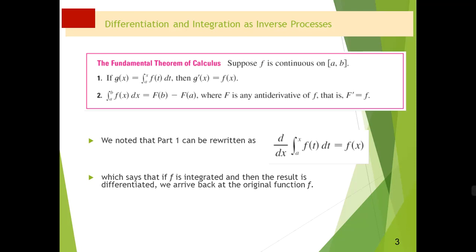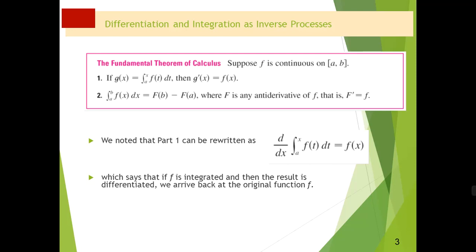In the first part of FTC, we can see there's an integral, and this integral g(x) has a variable in the upper limit. The first part of FTC is about the derivative of g(x). The derivative of g(x) as a function of x is equal to the value of f(t) at the point t equal to x.